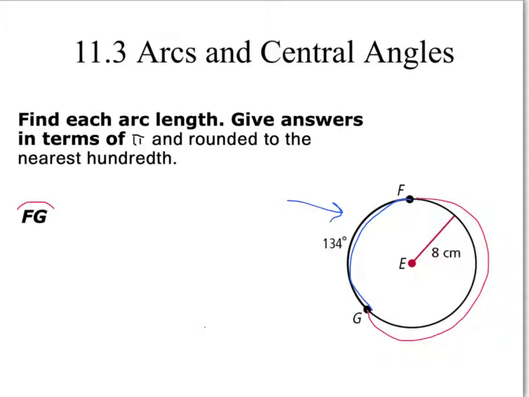Now I know my formula. My formula is L is equal to 2 pi r times m over 360, where r is my radius and m is the measure of the arc in degrees.